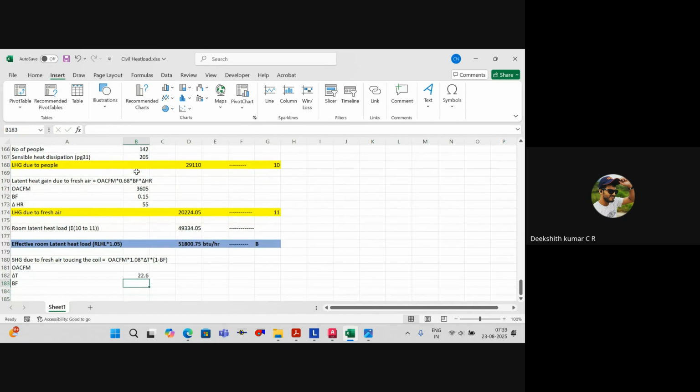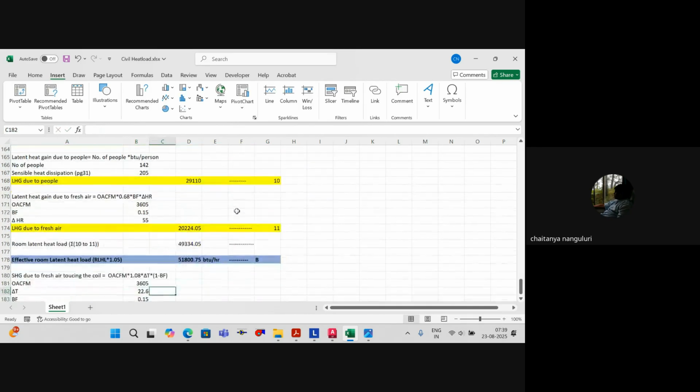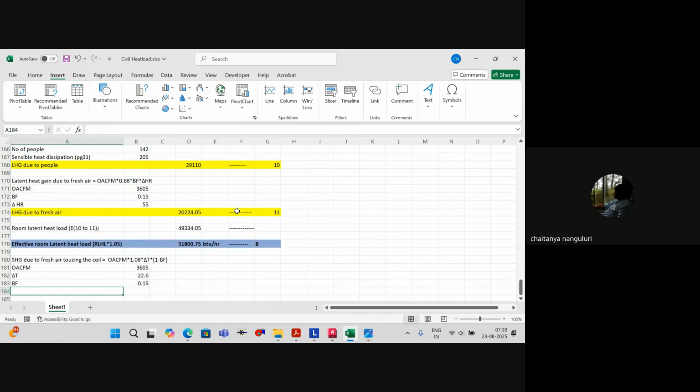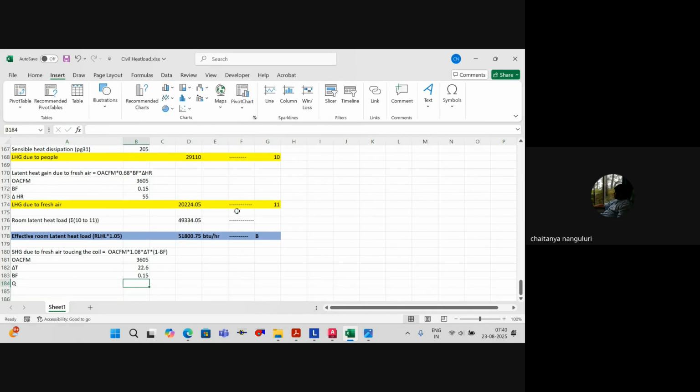22.6. And bypass factor is 0.15, 15%. Then OACFM we already know, which is this value 3605, the green value. So the Q value, sensible heat gain due to fresh air touching the coil, if you calculate it, is equal to OACFM into delta T into (1 minus bypass factor) into 1.08.